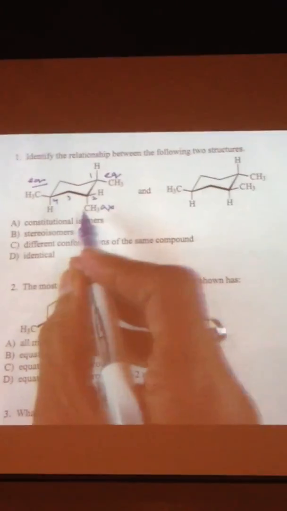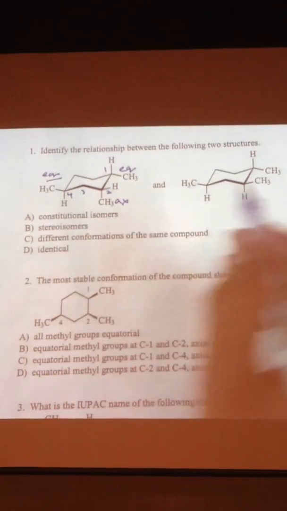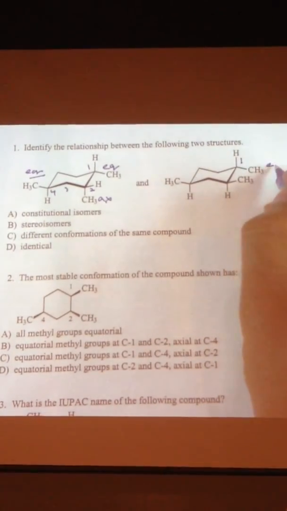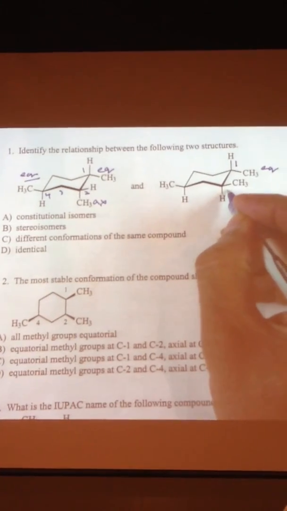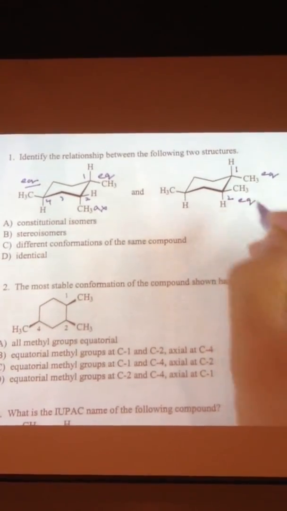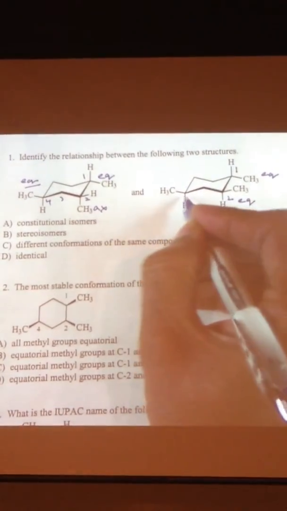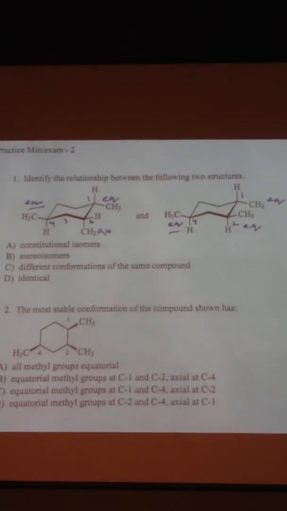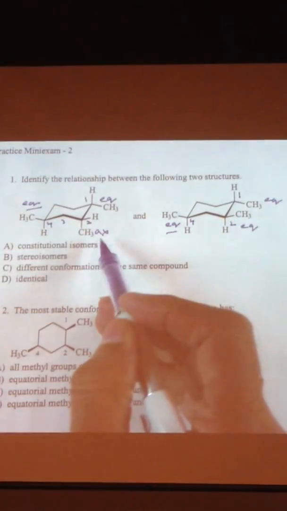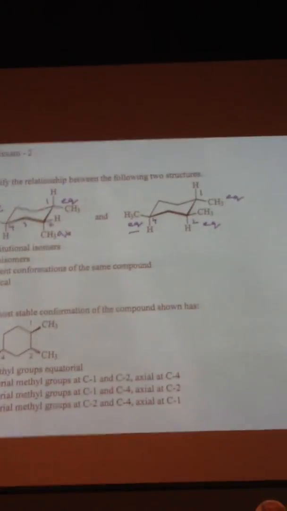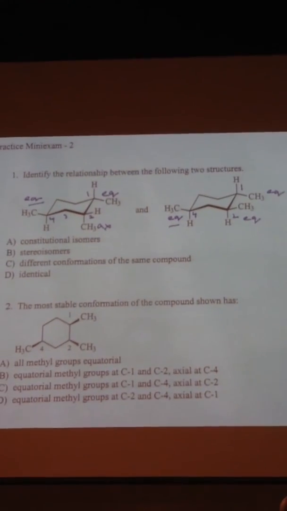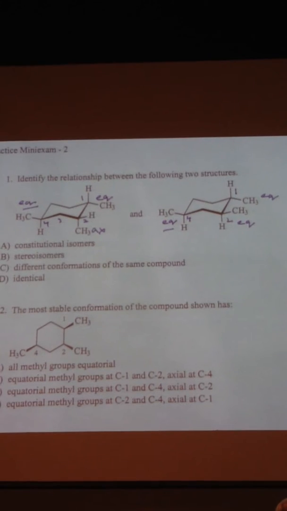And when we go to the other structure, again, this one is equatorial, this one too is equatorial, and the 4th one is also equatorial. So as you can see, you have equatorial, axial, equatorial methyl groups, and the other one has all equatorial methyl groups. So there's no way you can flip them to get to the other structure, right?